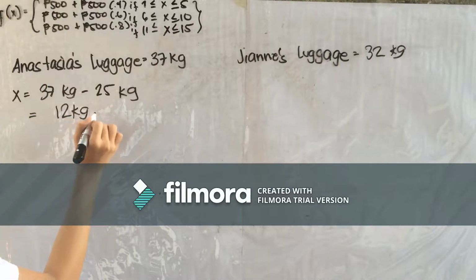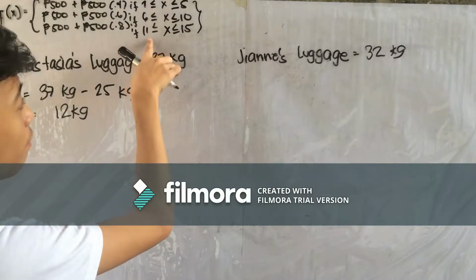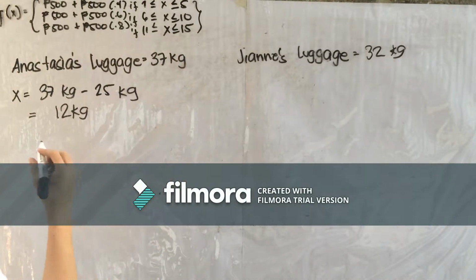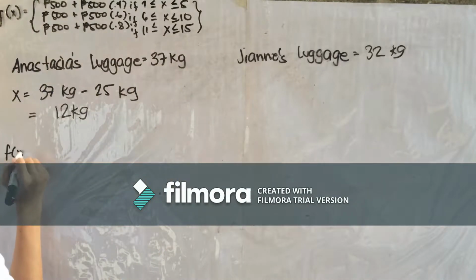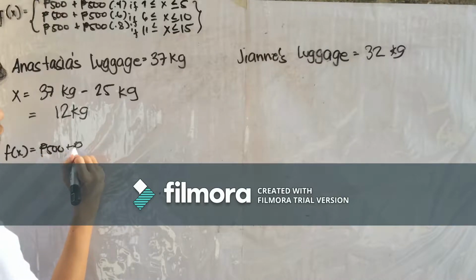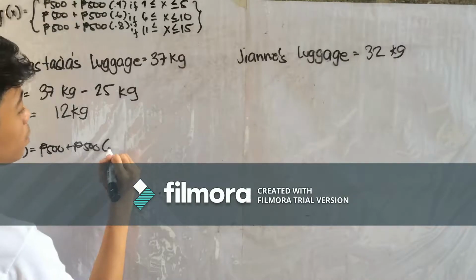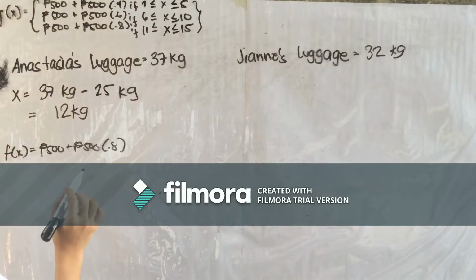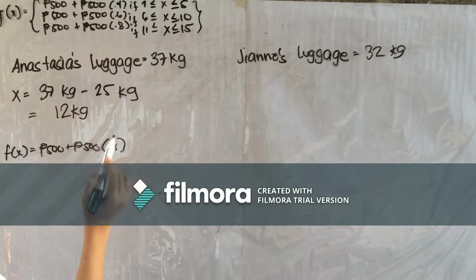So, ang 12 kilograms, nagpo-fall siya dito sa 11 to 15. So, ang gagamitin nating equation is itong pangatlo. f of x is equals to 500 plus 500 times 0.8. Tama, diba?